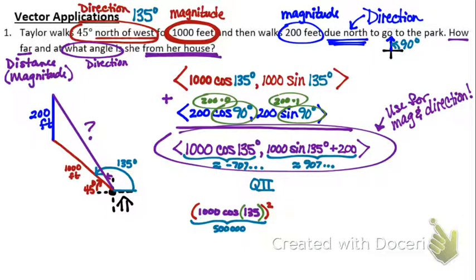Okay. I'm stopping along the way to make sure that we got the right values. Plus, what's the other thing that I'm going to need to square? 1,000 sine. Be careful here because your calculator opens up those parentheses for you. You got to close them before you do the plus 200, or else it thinks that you want to do an angle that is 135 plus 200.